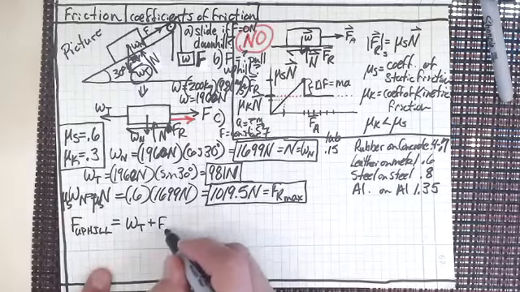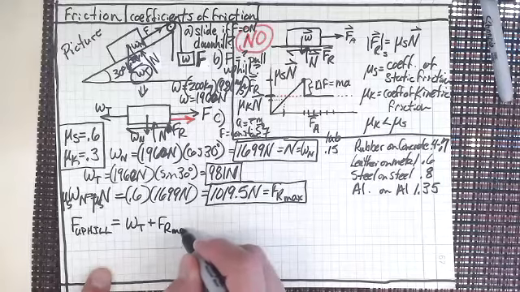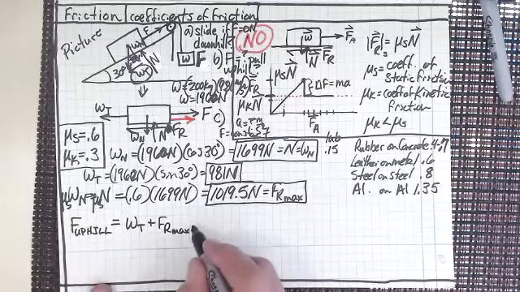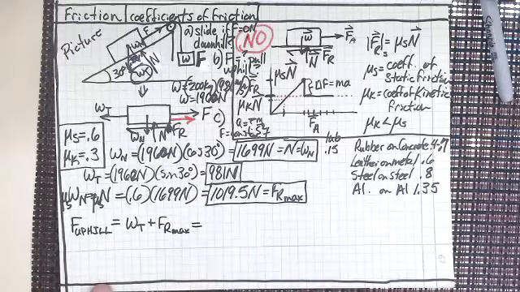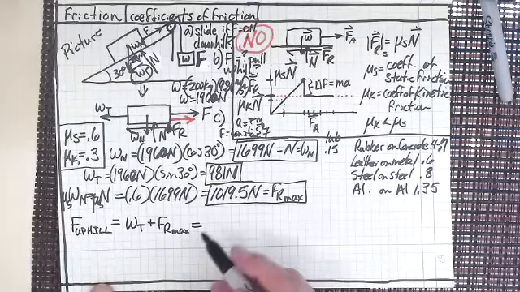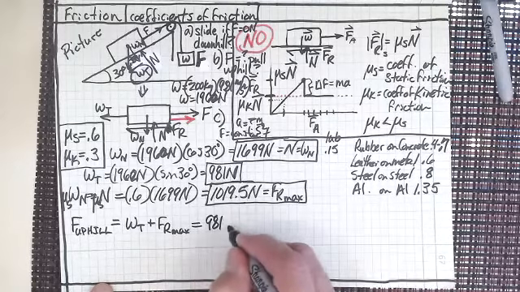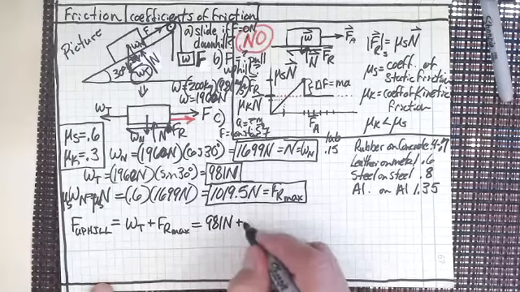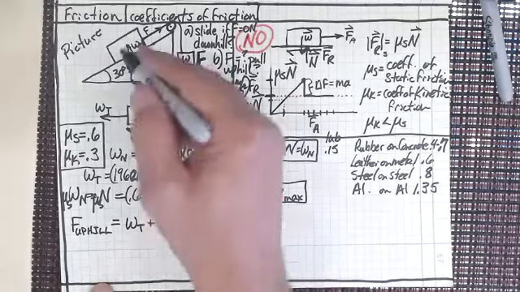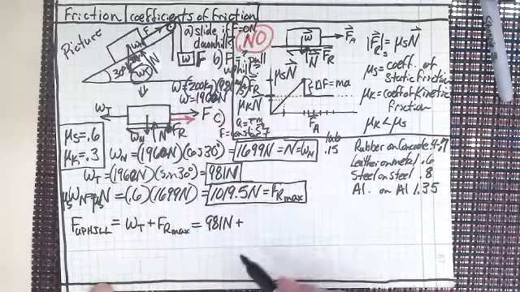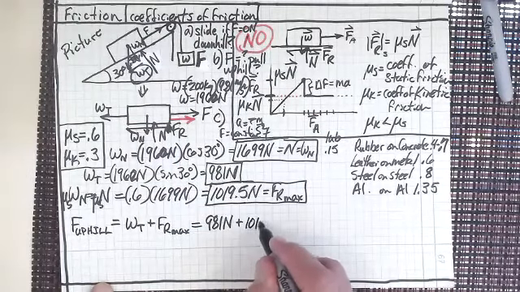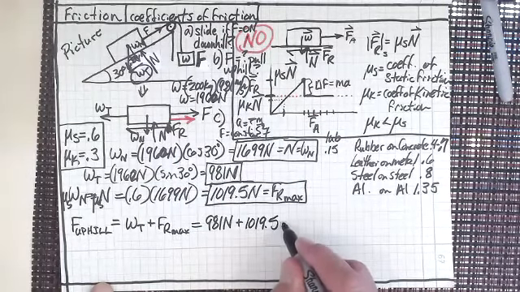So that would be F sub r max, wouldn't it? So I have to overcome those two forces. Let's see what that comes out to. W sub t, we know, is 981 newtons. F sub r max, still going to have the same normal force pushing down there, so it's still going to be 1019.5 newtons.